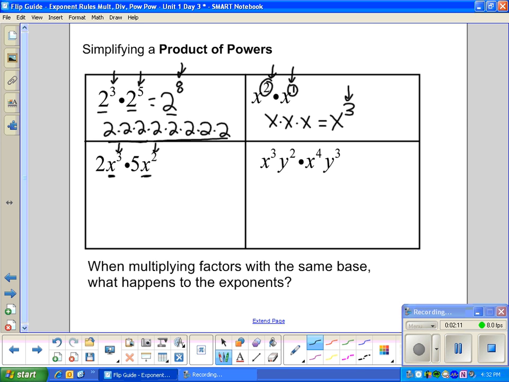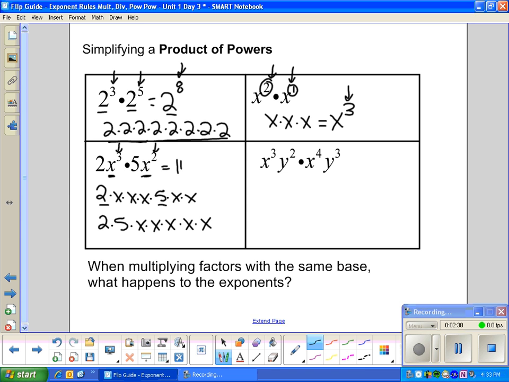So when I write this out, I end up with 2 times x times x times x times 5 times x times x, and I can rearrange my coefficients and variables because multiplication is commutative. So I'm going to move my 5 over, and I'm going to end up with 2 times 5 times x times x times x times x times x, and if I simplify that, 2 times 5 is 10, okay?